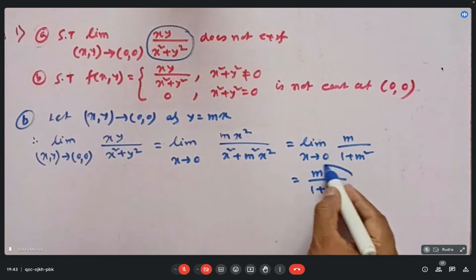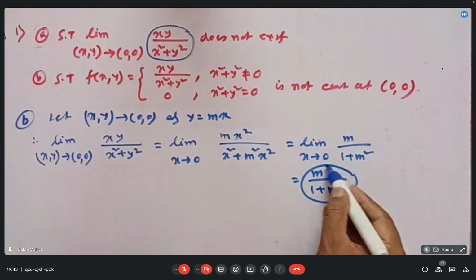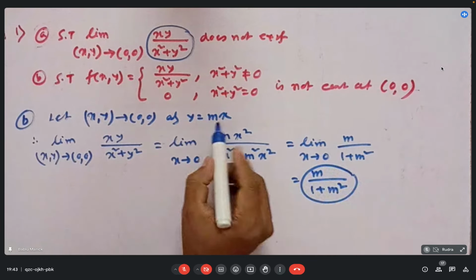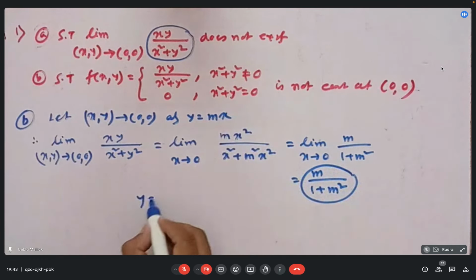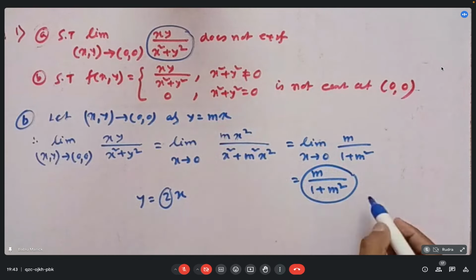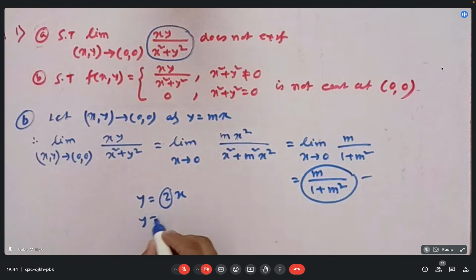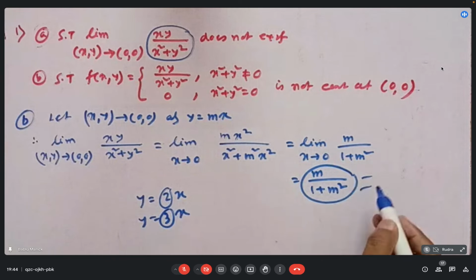Actually this depends on m. So that means if I take the path y = 2x, then m is equal to 2, and we will get some value here. For y = 3x, m is equal to 3, we will get a different thing.